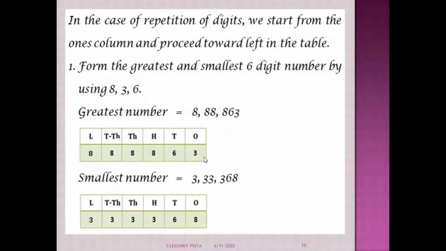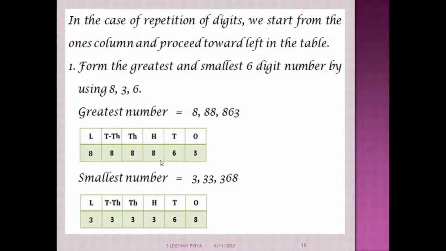So the least number, I am writing in the ones place, is 3. Then the next one is 6. Then I wrote 8 in the hundreds place. But 3 places are still left. We have to fill them with the greatest digit, which is 8 itself.